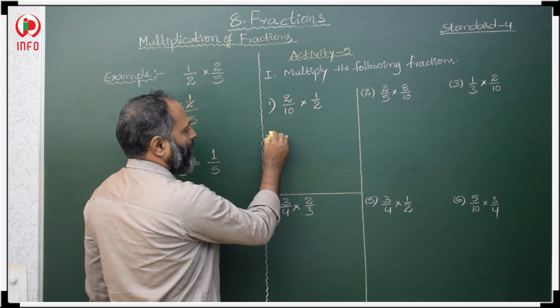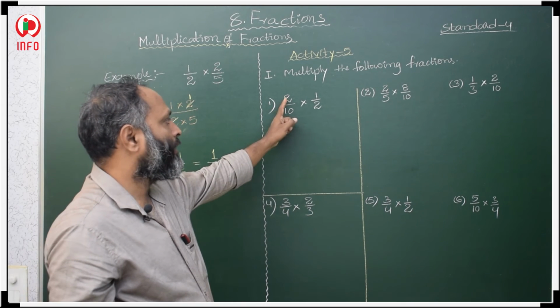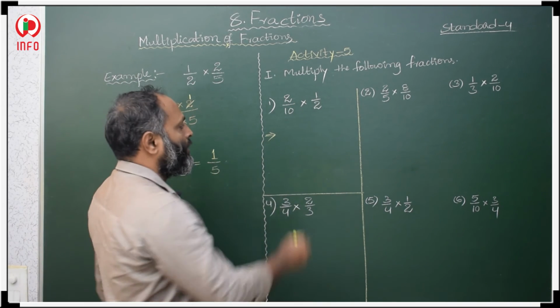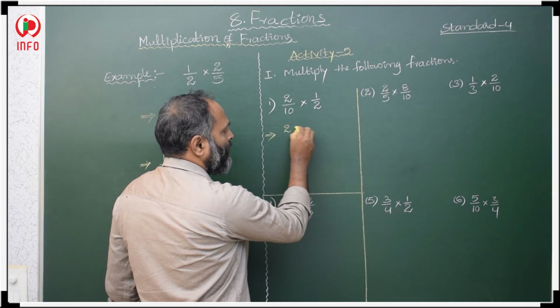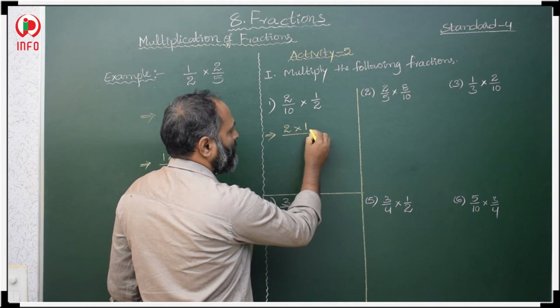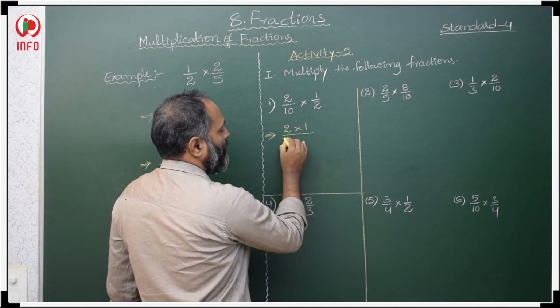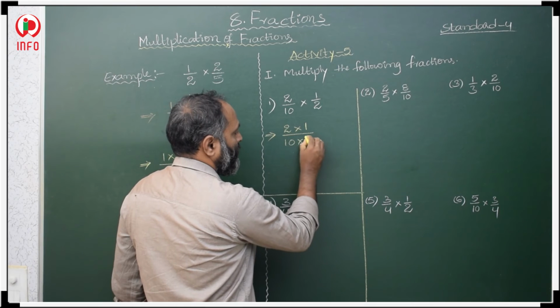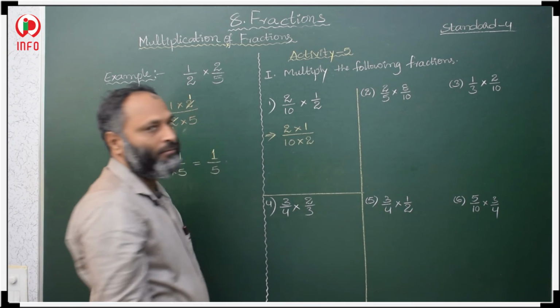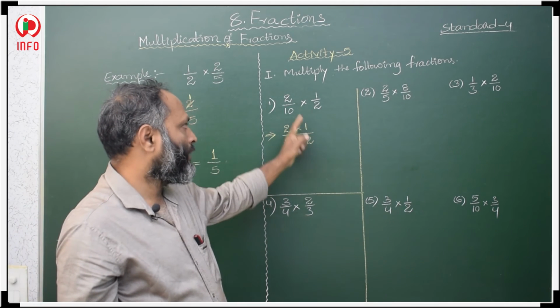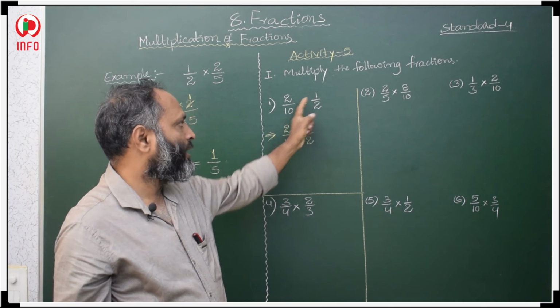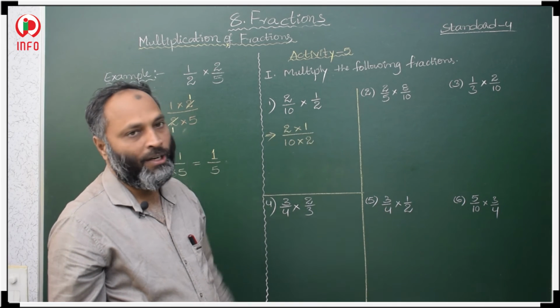We have to multiply numerator with numerator, 2 into 1, by denominator with denominator, 10 into 2.